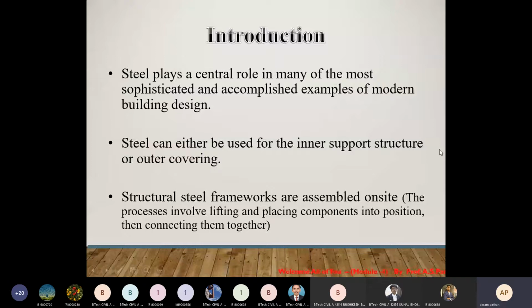The process generally involves lifting and placing the steel members into position and then connecting them together with the help of bolted connections, rivet connections, or welded connections. So this is the introduction part of steel. Everywhere there are applications of such technology.